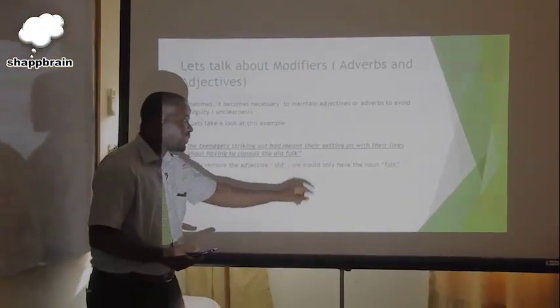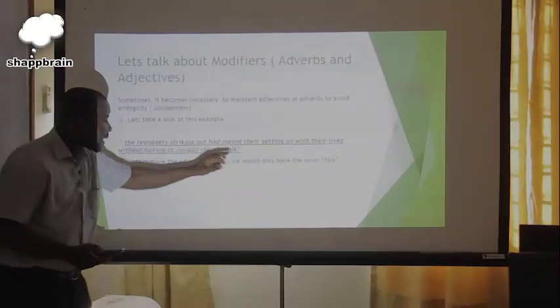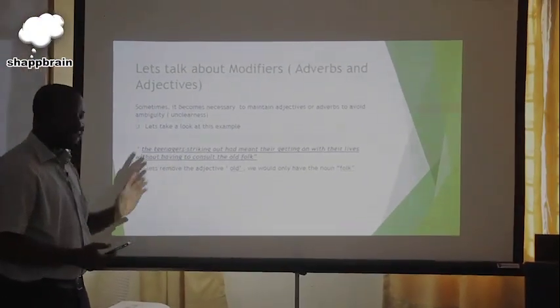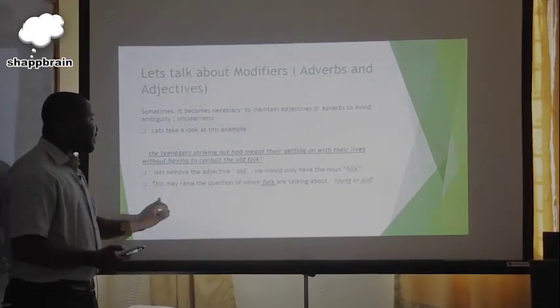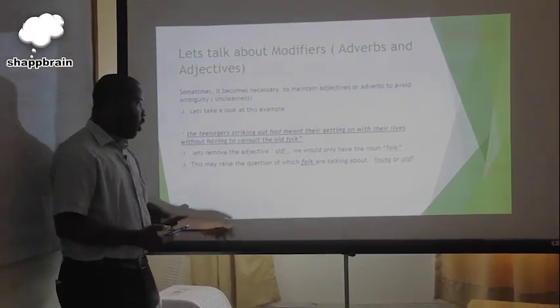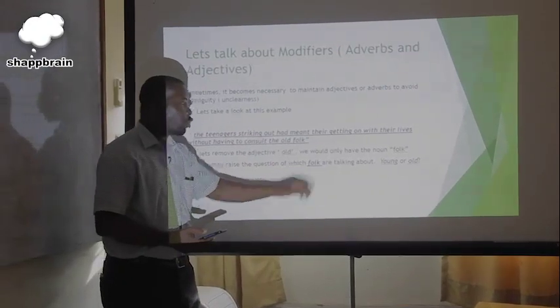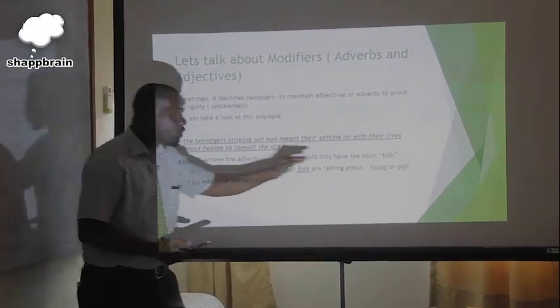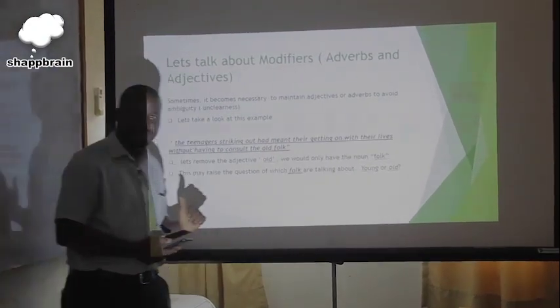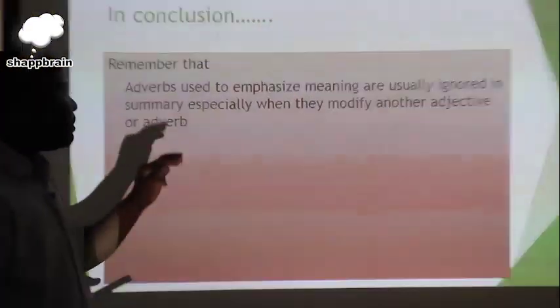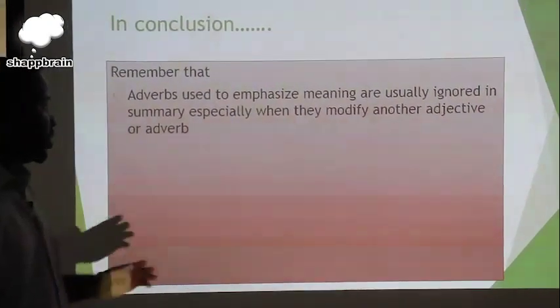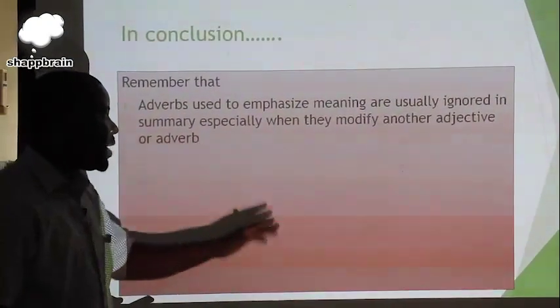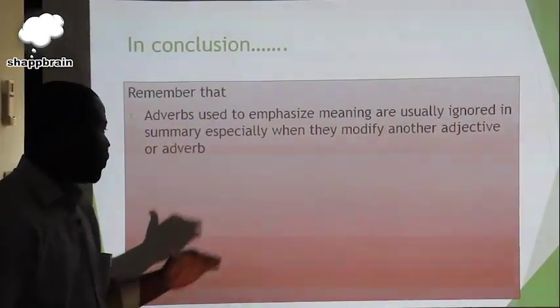We would only have the noun folk left in the sentence. This may raise the question of which folk are we talking about? Is it the young folk or the old folk? Words that emphasize the meaning are usually ignored in a summary passage, especially when they modify another adjective or adverb.